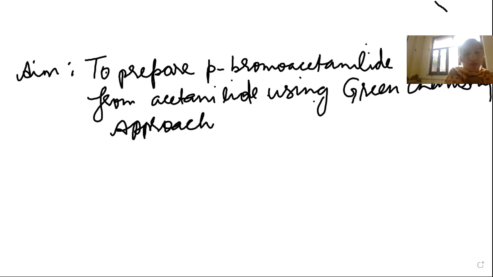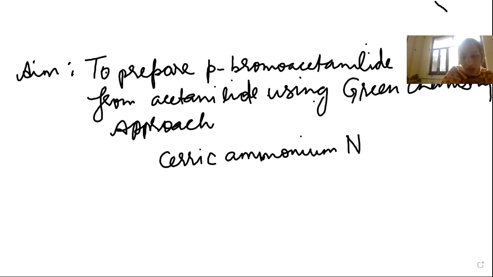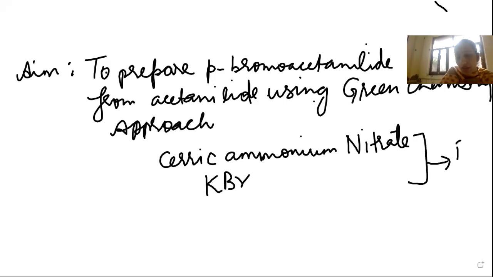In this case, we will be using ceric ammonium nitrate and potassium bromide as a brominating agent.